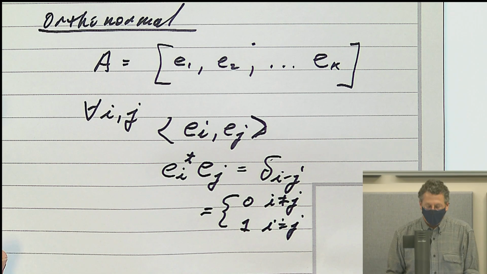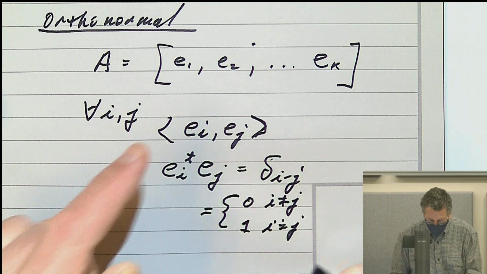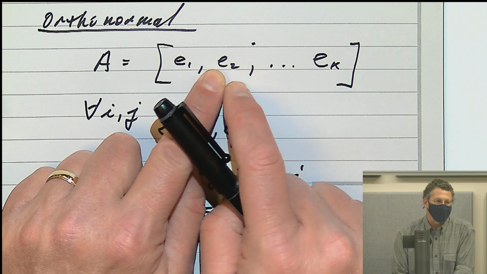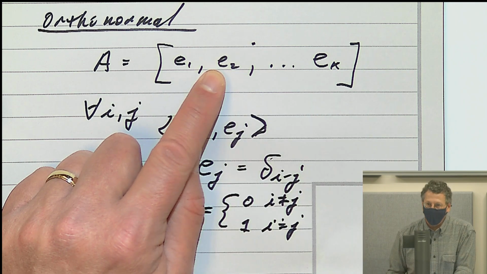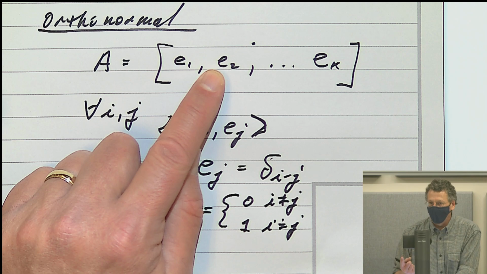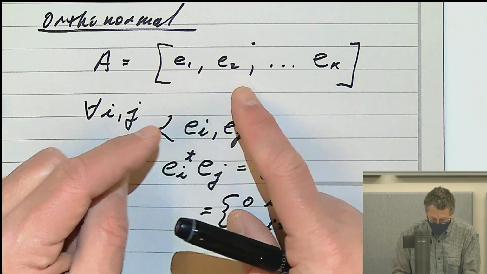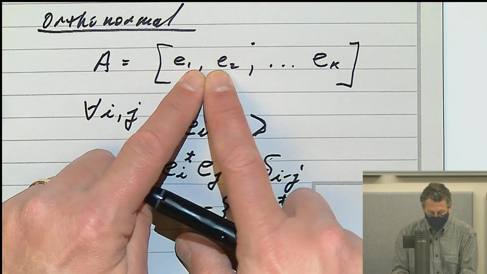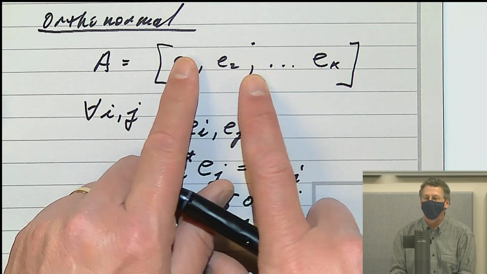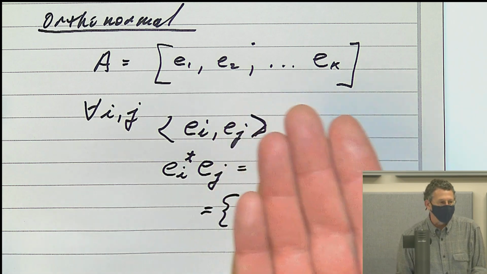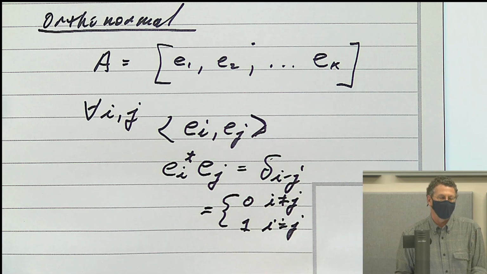Because obviously, if the inner product of any column vector with itself is 1, that means it's normal, of unit length. But it's orthogonal because the inner product of any column with any other column is 0. So that's what happens when you have an orthonormal coordinate system.